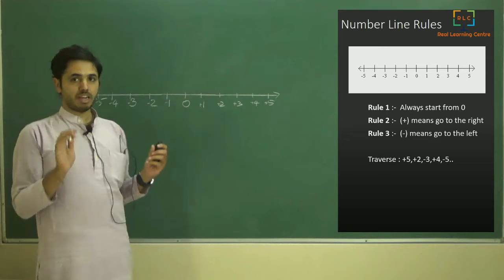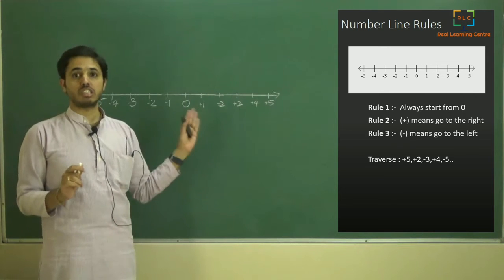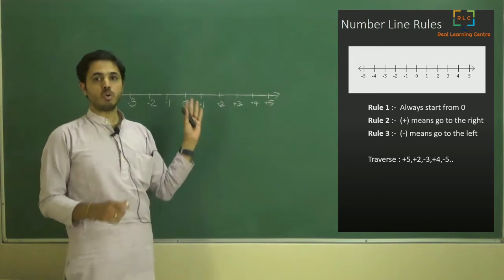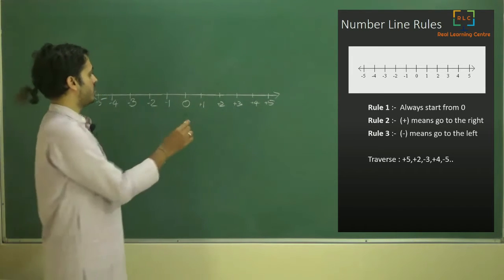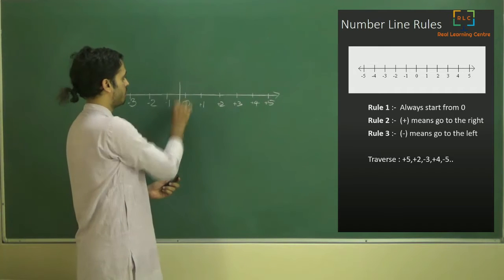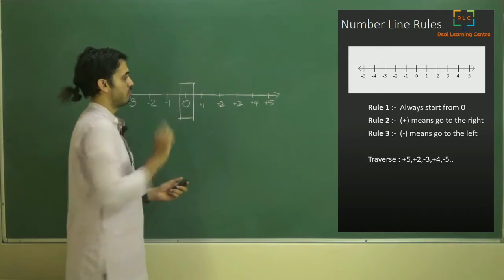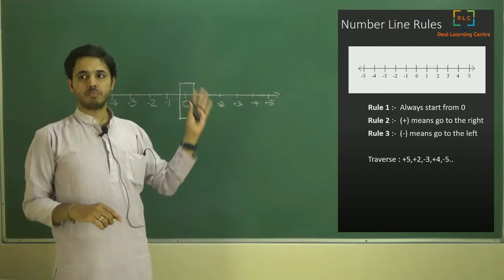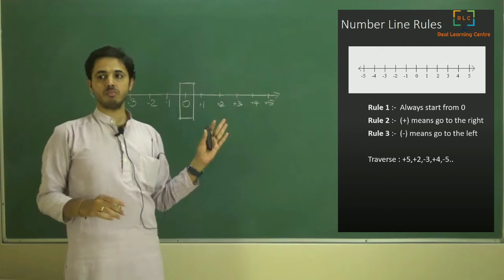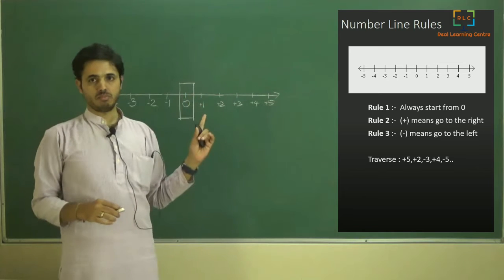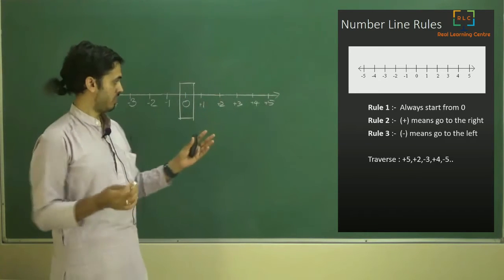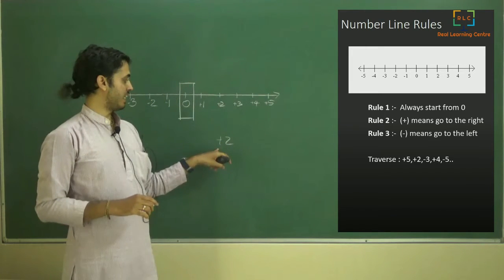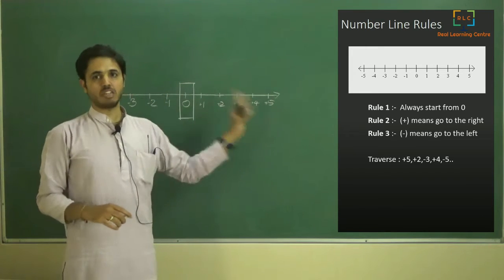See, these rules are very important in order to understand number line, in order to perform operations using number line. Now, rule 1, always start from 0. And rule 2, plus sign. In other words, if you have say plus 2, plus sign indicates right side of 0.